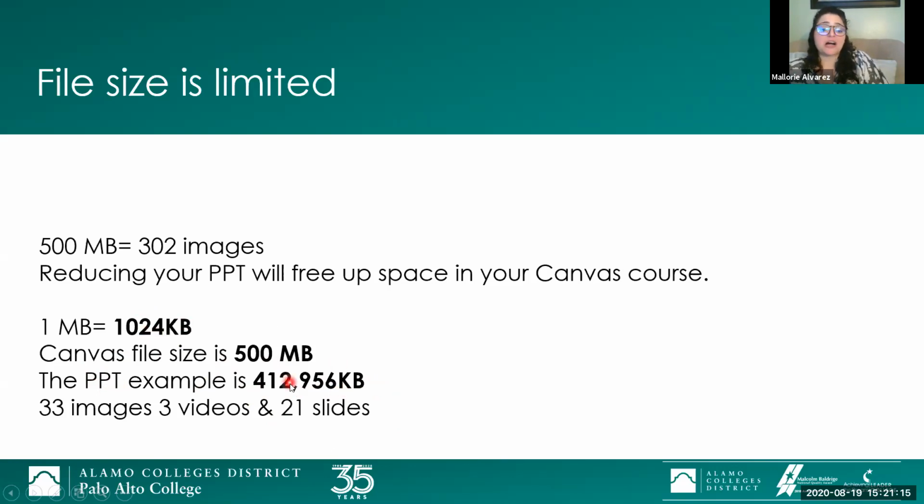That does eat up a lot of my Canvas space, and it's only one PowerPoint. This one PowerPoint contains images, has 3 embedded videos, and is made up of 21 slides. So this is the file size that I'm starting off with for today's example.